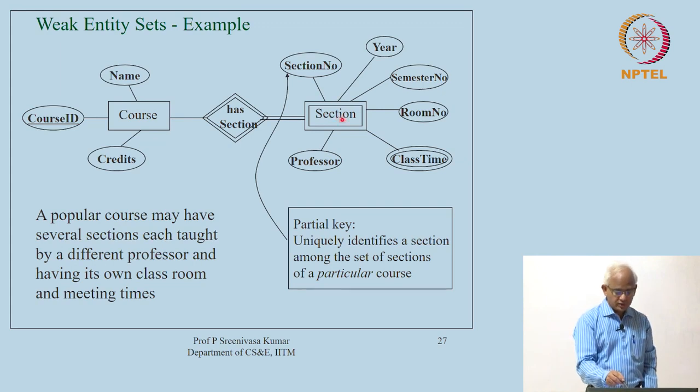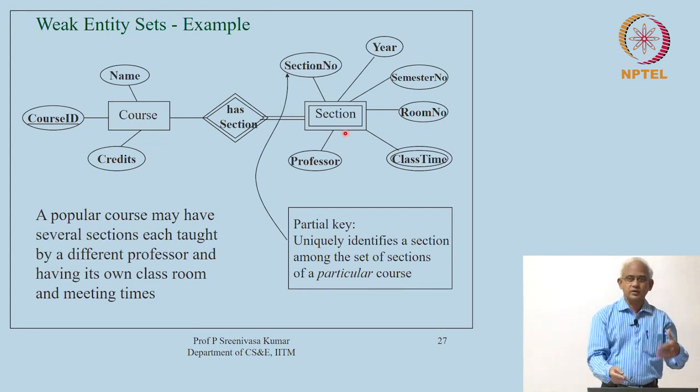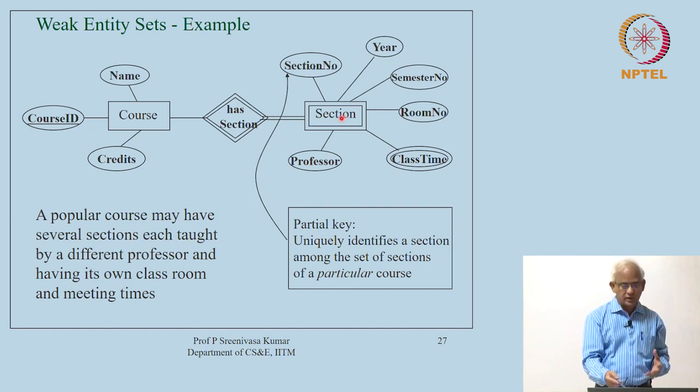Now, you can see why section is a weak entity: unless the course exists, the question of having a section does not arise, right. So, we have a course and it is popular, and even otherwise, whenever a course is being offered in multiple years, we can always call it an edition of the course, right.